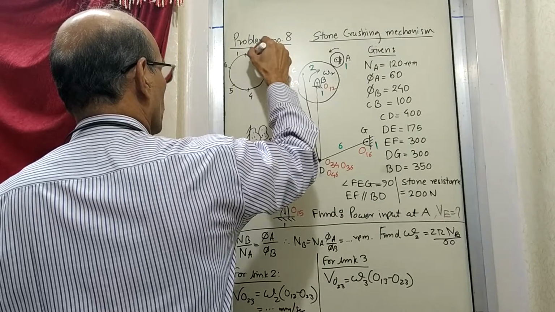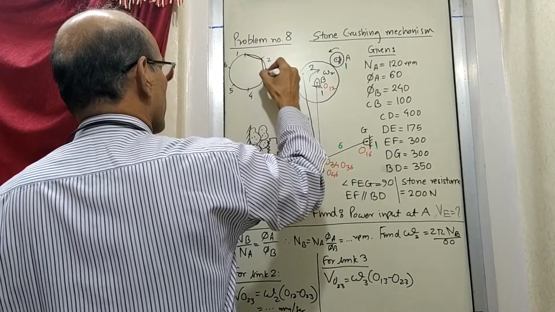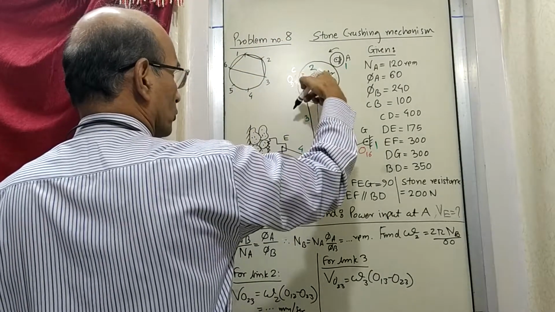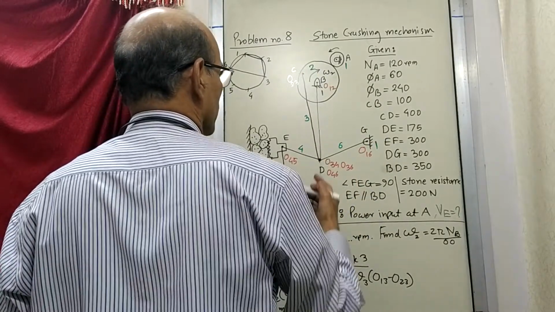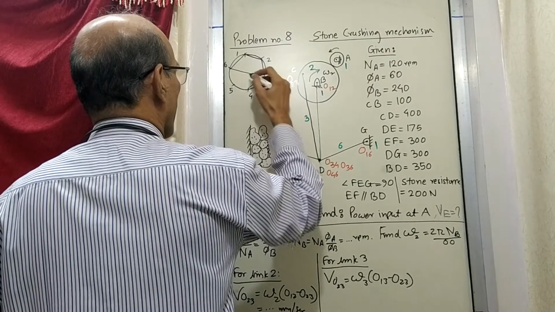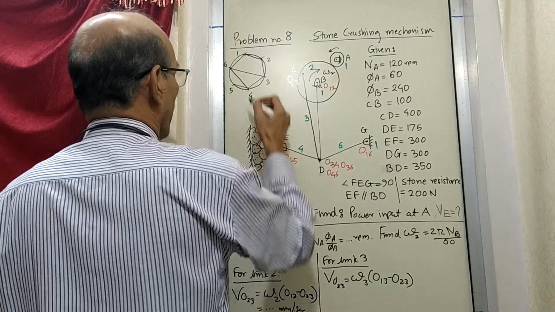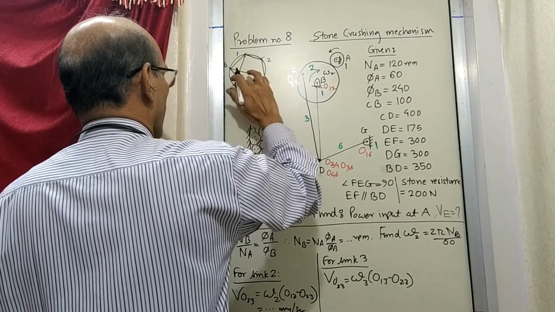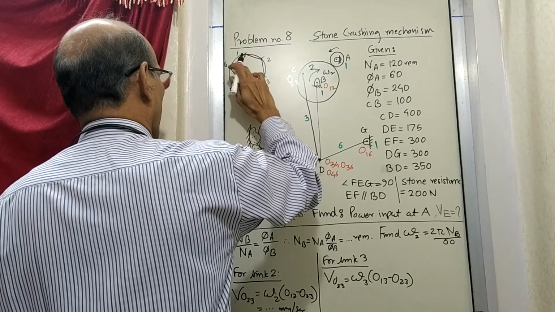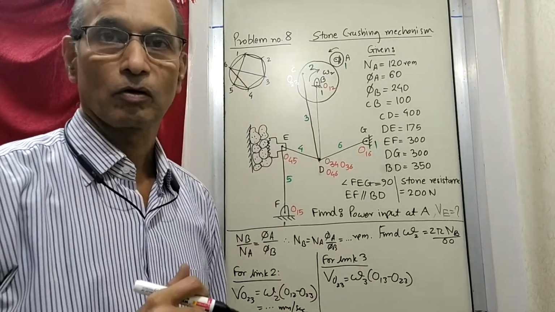So 1, 2, 2, 3, 1, 6, 3, 6. Then there is 3, 4, 4, 6, 4, 5, and 1, 5. So these are the centers which we have already marked, and we have drawn the lines there.